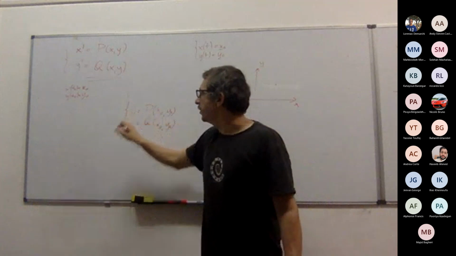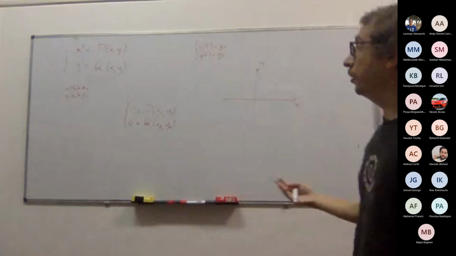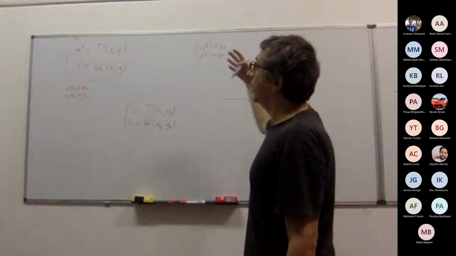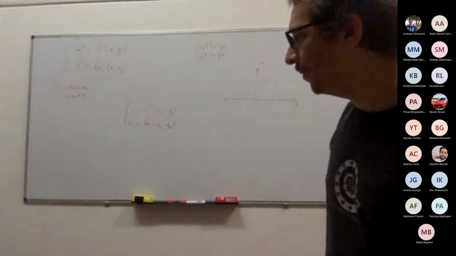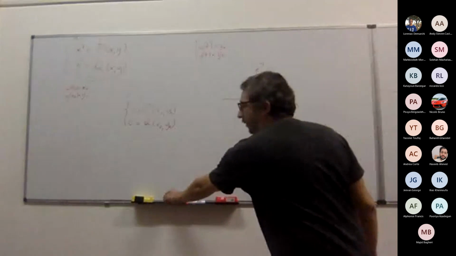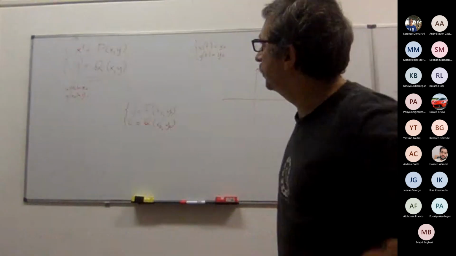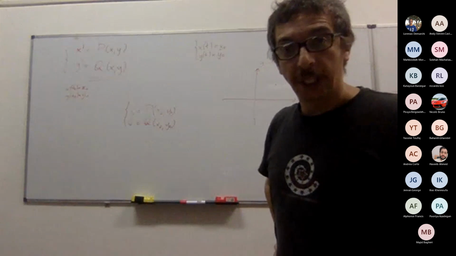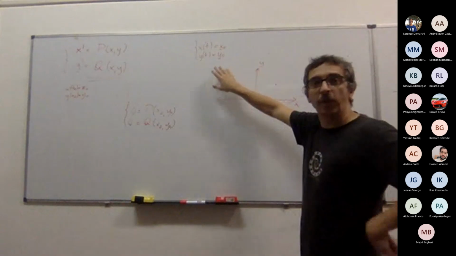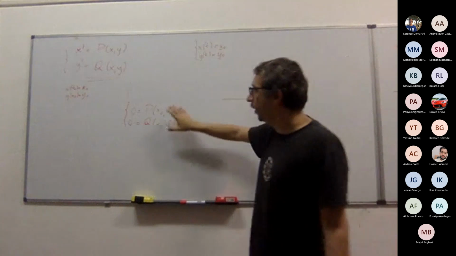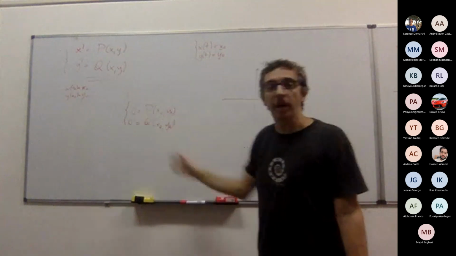So what does this tell you? This tells you that in order to find the critical points, that's exactly the same thing that we already met for the case of just one ODE. So in order to find the equilibrium, in order to find the critical points, what I have to do is to solve this system where P and Q are some function.